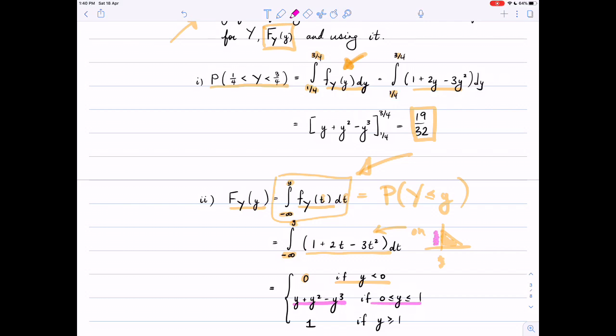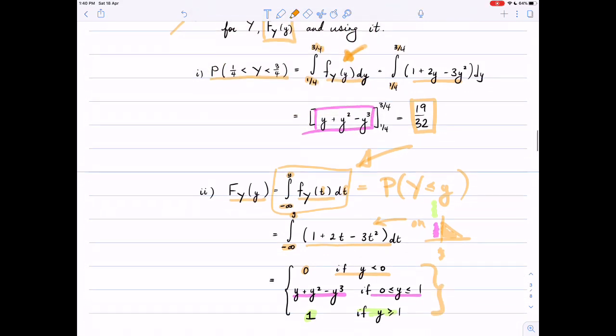And that shouldn't come as any big surprise, right? That is the same value that we got above because it's the same density function that's being integrated. No great shock there. And then 1 if y is greater than 1, right? So past the edge of the triangle, you have the complete density. So the CDF is now given to us completely here.